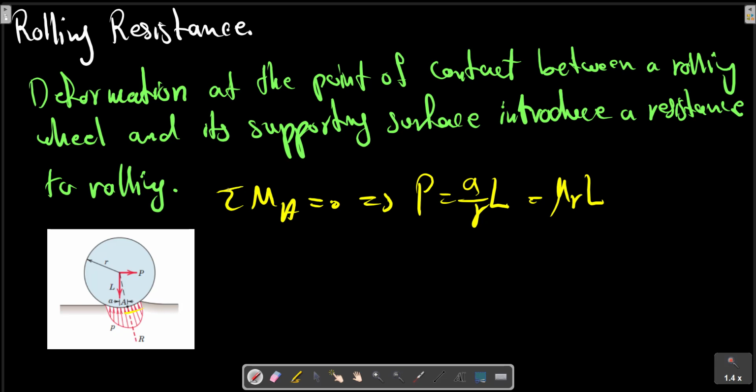Where the moment arm of P is taken to be r, the ratio μr = a/r is called the coefficient of rolling resistance.